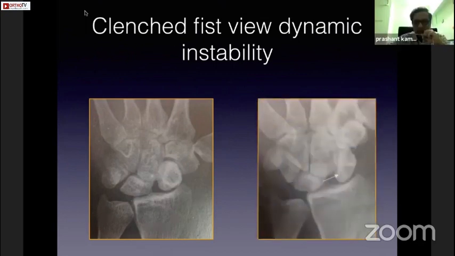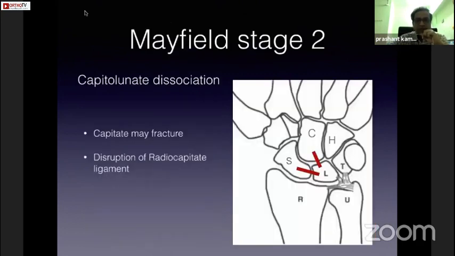In the same X-ray, if you see now, there is widening of the scapholunate interval. Why does this happen? Because with a ruptured ligament, the capitate tries to move and occupy the space between the scaphoid and lunate. Another sign is that when the scaphoid assumes a flexed position, it looks like a ring sign. So these are a few signs you can see on X-rays when you have a scapholunate rupture.